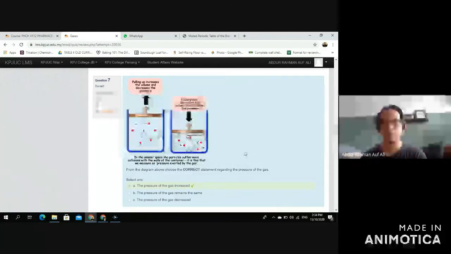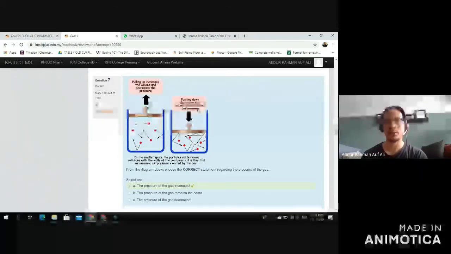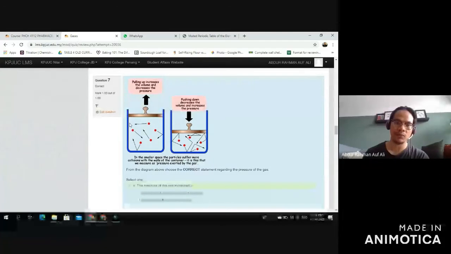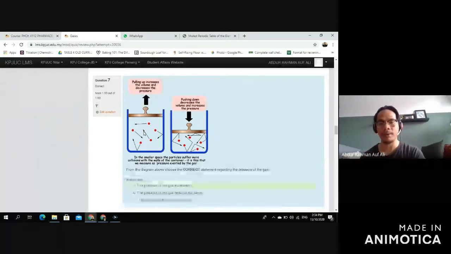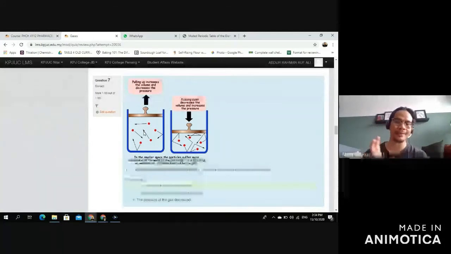So that's what I cakap, when you push down the piston, the volume will be decreased and the pressure will be increased. So the volume ni, kamu think of it as a space. Think of it as the space for molecules to move around. Okay, because the molecules of gases bergerak dengan bebas. It moves freely and randomly.